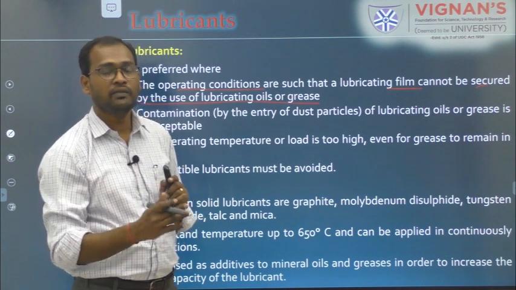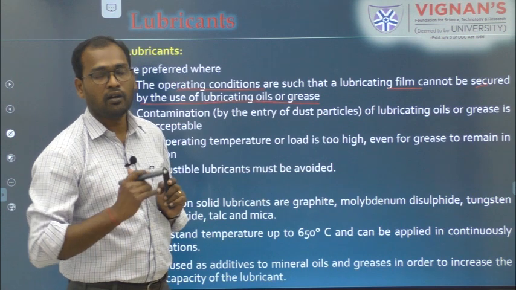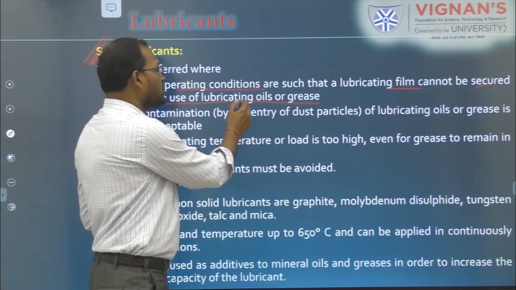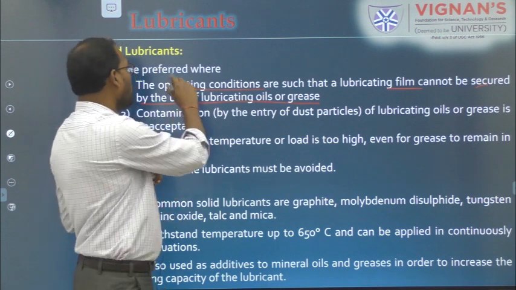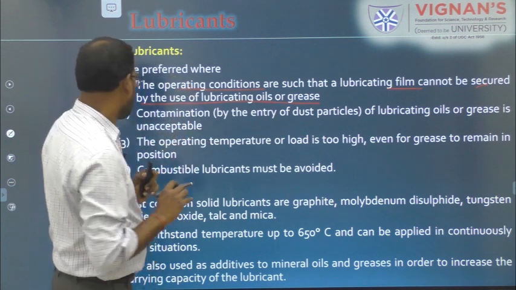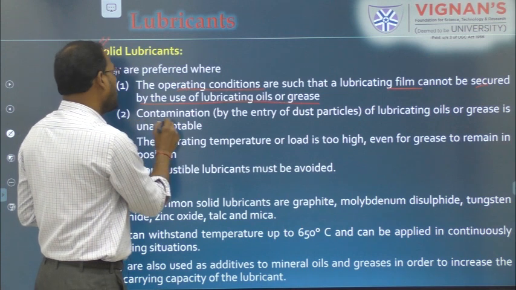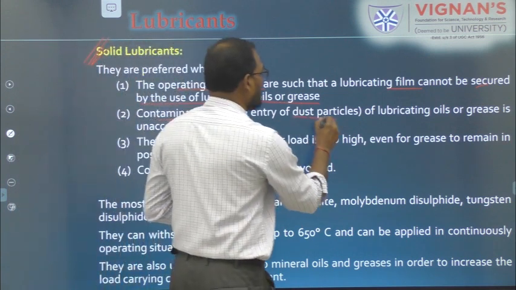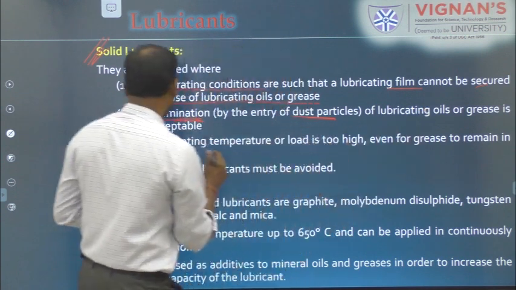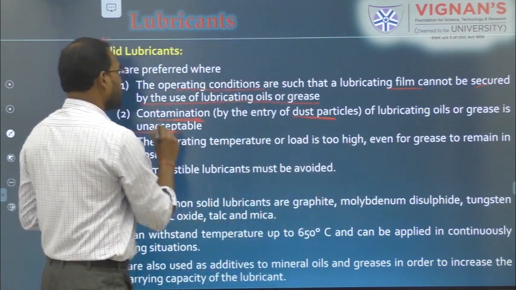If you are not achieving any lubricating property when you start using lubricating oil or grease, then only solid lubricants can be attempted. Second, contamination by the entry of dust particles into the lubricating oil is unacceptable, right.